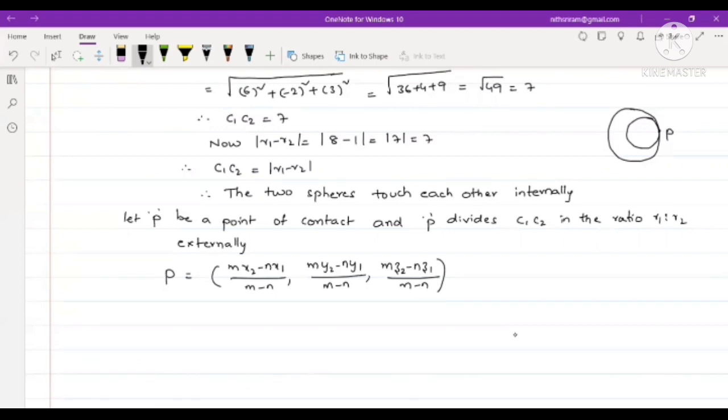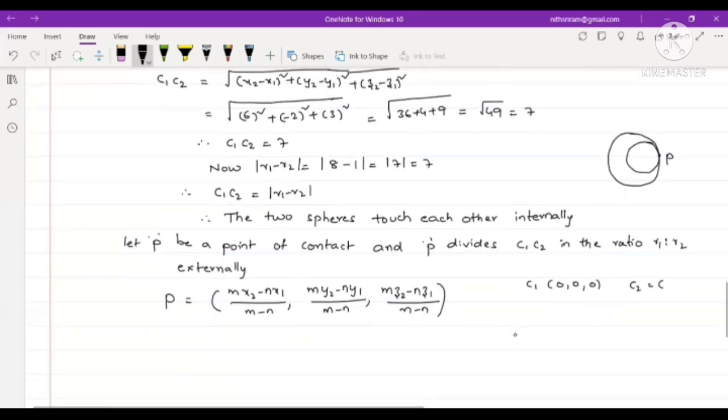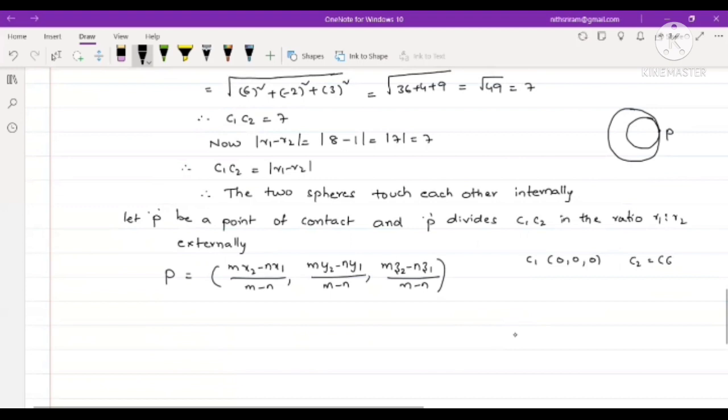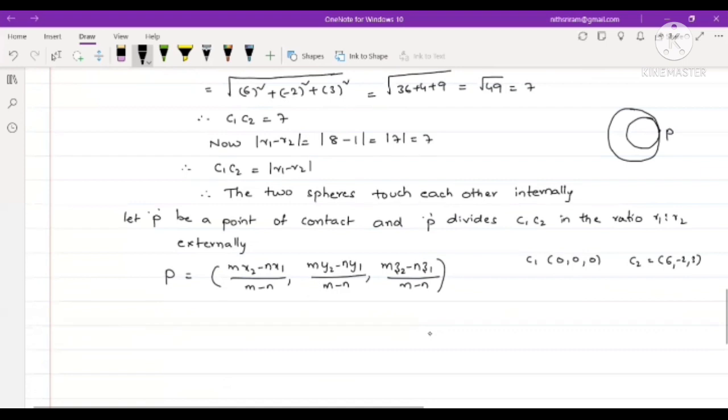Here we have to write the points. Center 1 is 0, 0, 0, and center 2 is 6, minus 2, 3. The ratio R1 to R2: here R1 is 8 and R2 is 1.